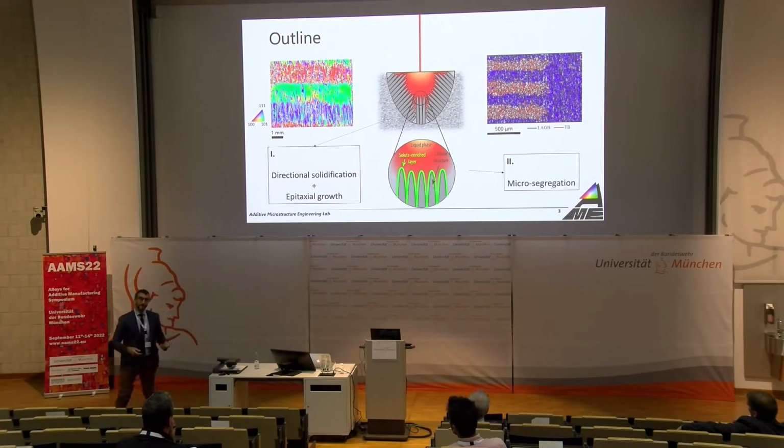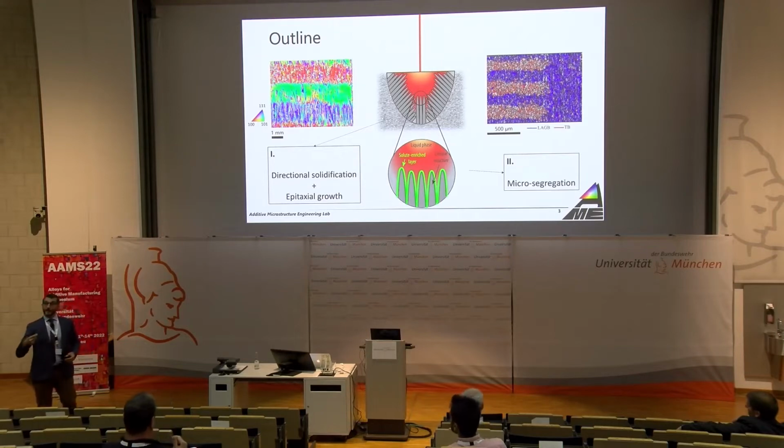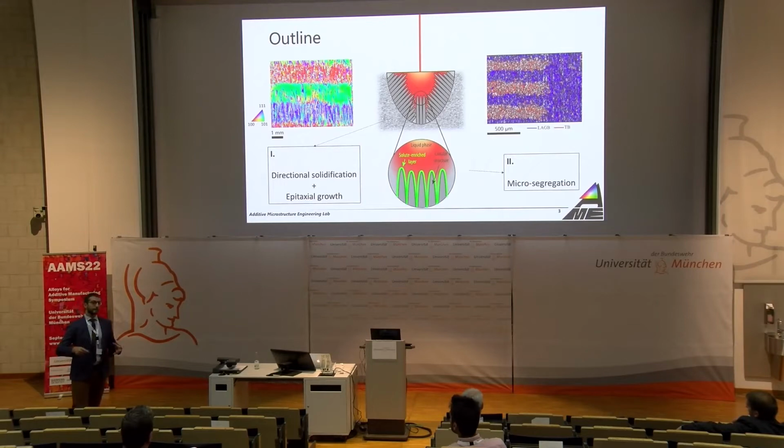And so the first part of the talk, I'll show you how important it is to control the shape of the melt pool, which indirectly controls the direction cells or dendrites solidify, and also how to arrange melt pools in the volume so that you can promote epitaxial growth and control grain orientation. In the second part of the talk, I'll focus more on microsegregation, so chemical heterogeneities throughout the melt pool.